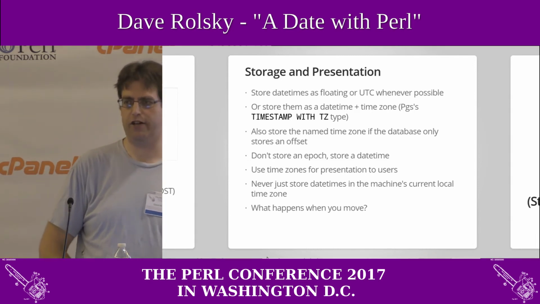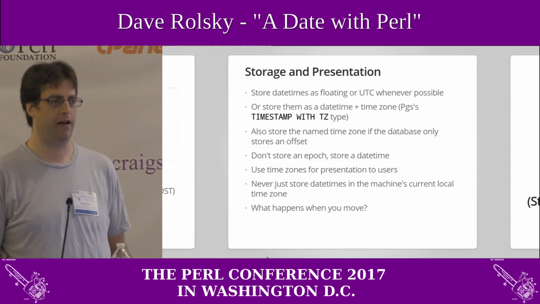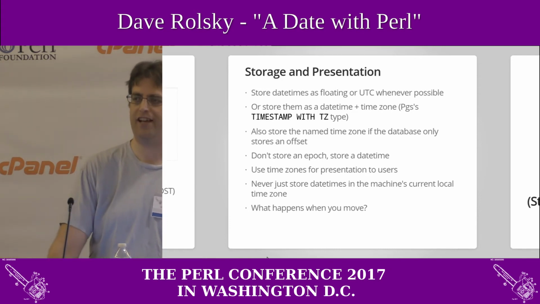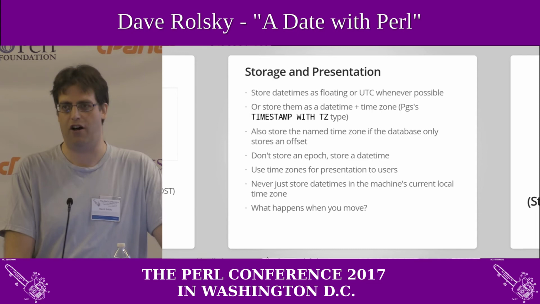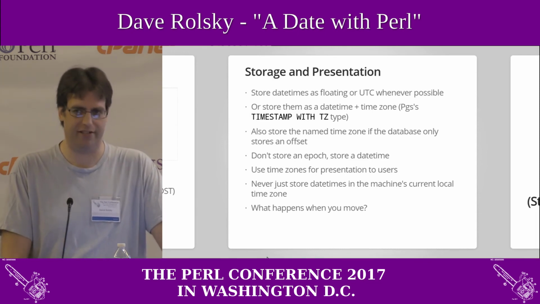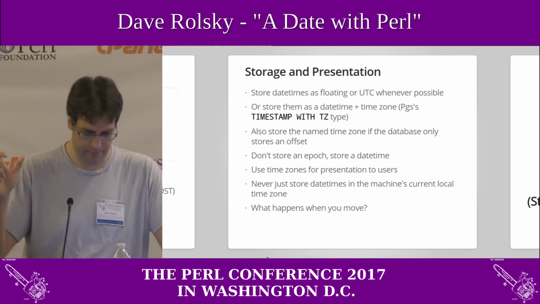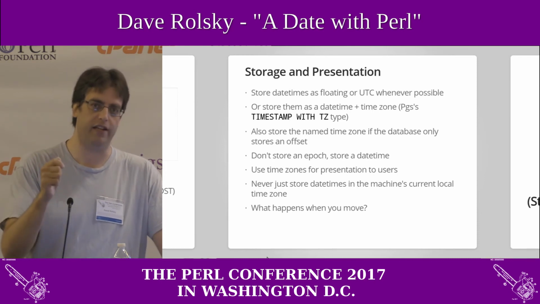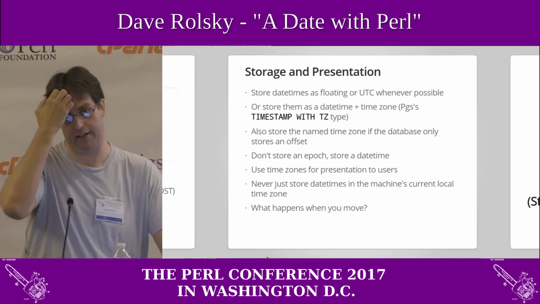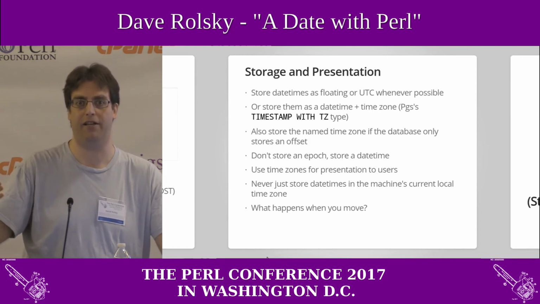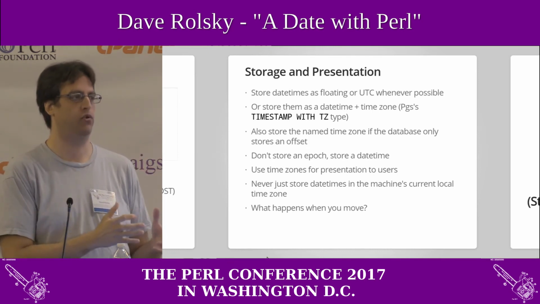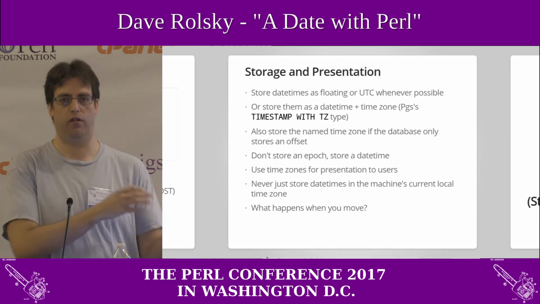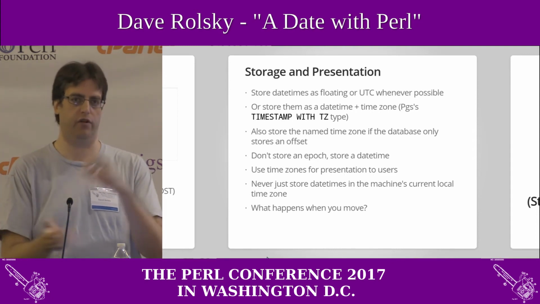Postgres is not as good about this as it could be. Its timestamp with TZ type is actually kind of misnamed. It's really storing a UTC time plus an offset, which is not ideal. It does not store the full IANA name. So if you really need to know this stuff accurately, like if you're writing some sort of calendaring application, if you were trying to write Google Calendar, you would have to store the UTC time or the local time plus the named offset so you can recreate things.